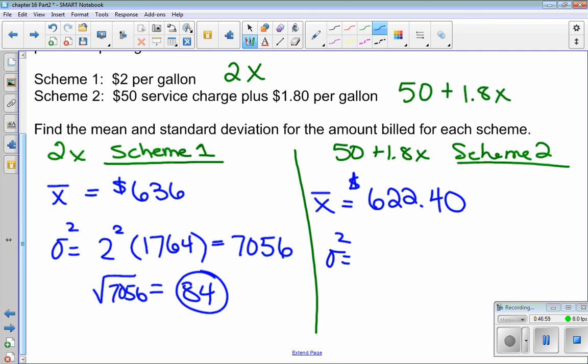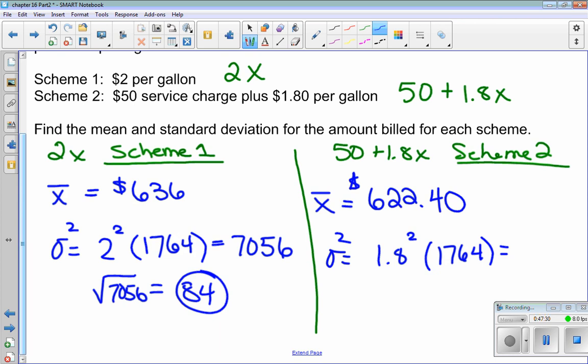All right, here, 1.8 squared times 1,764 plus, when I add a constant, the variance doesn't change, remember? So that's it. I don't add the constant. Constants don't affect the variation, okay?